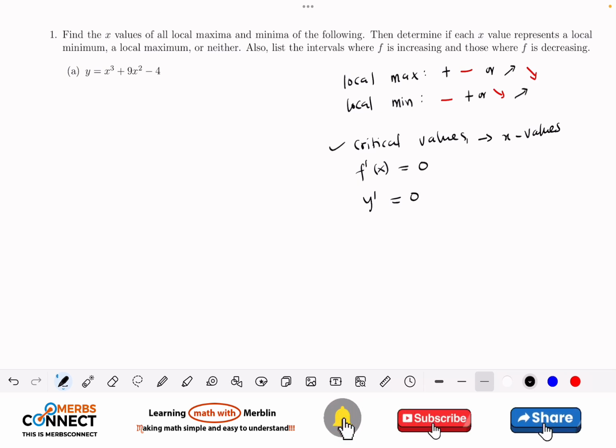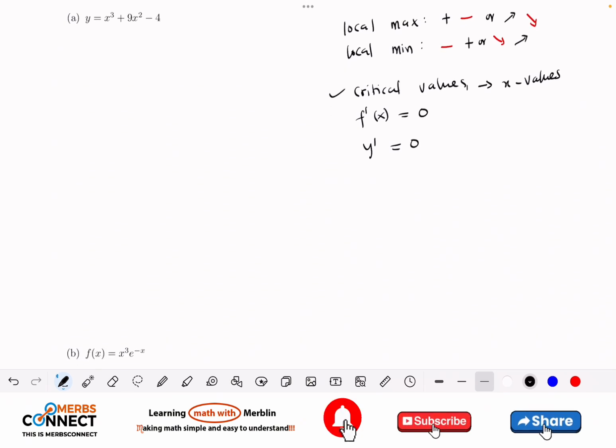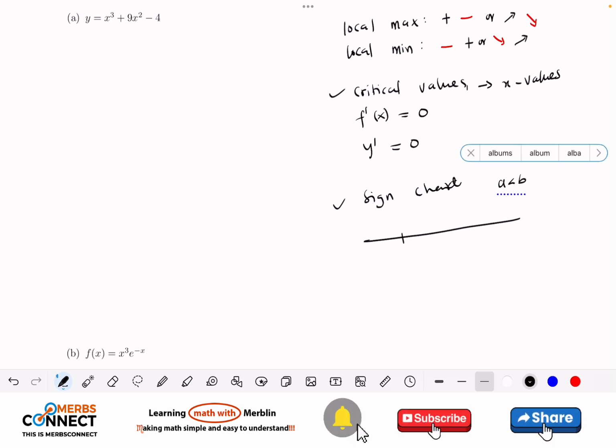That is the idea with the critical values. After you are done finding the critical values, the next thing you need to do is the sign chart. On the sign chart, if we assume that A is less than B, we are going to have A here, B here. Then we check if this one is positive, it means it's going to increase.